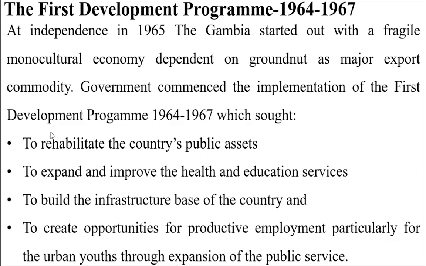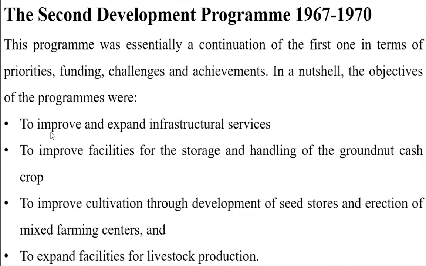It wanted to rehabilitate the country's public assets, expand and improve health and education services, to build the infrastructure base of the country, and to create opportunities for productive employment, particularly for the urban youth, through expansion of the public service.